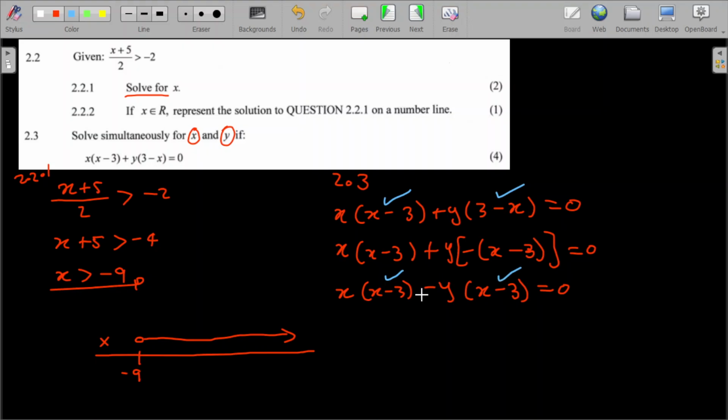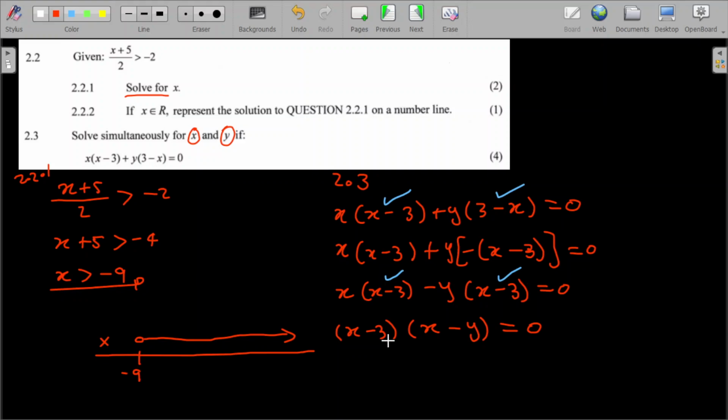I hope you can see now that this and this are the same, so we can take what? A common factor of x minus 3. And if I take this as a common factor, what is left? I'm left with this x here, so it's going to be x. This I've already taken out as a common factor, so I'm left with minus y equals 0. Now remember, I'm still solving for x.